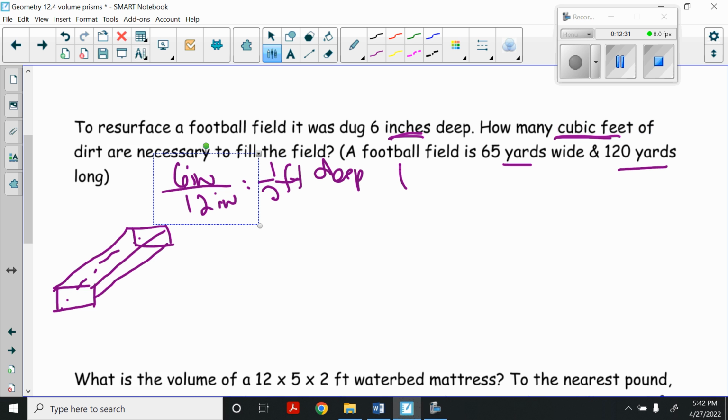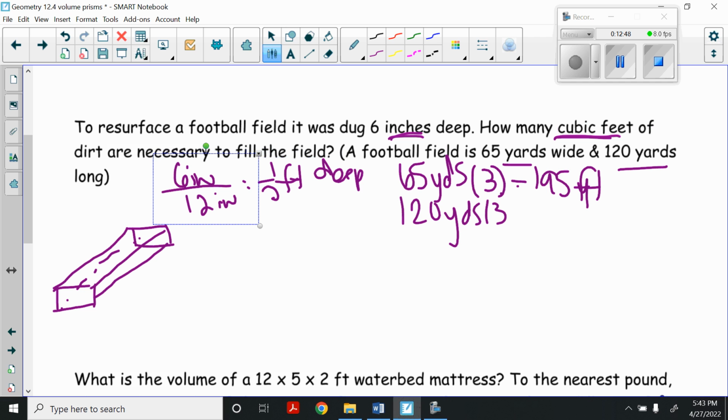So now I have 65 yards. I know that there are 3 feet to a yard, so times 3 gets me 195 feet. 120 yards times 3 gets me 360 feet. So now I know this is 195, this is 360, and it's 1/2.